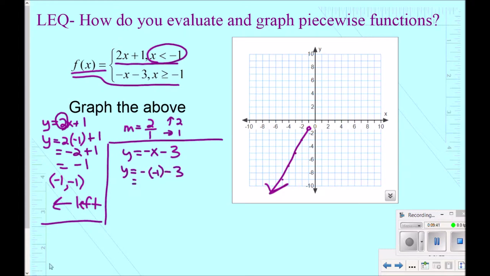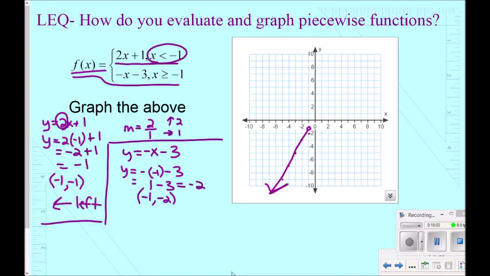The opposite of -1 is 1. 1 minus 3 is -2. So we just figured out the coordinate point is -1, -2. And that point, I see an equal sign, so I'm going to go to -1, -2, and I'm going to put a solid point. -1, -2, solid point right there.